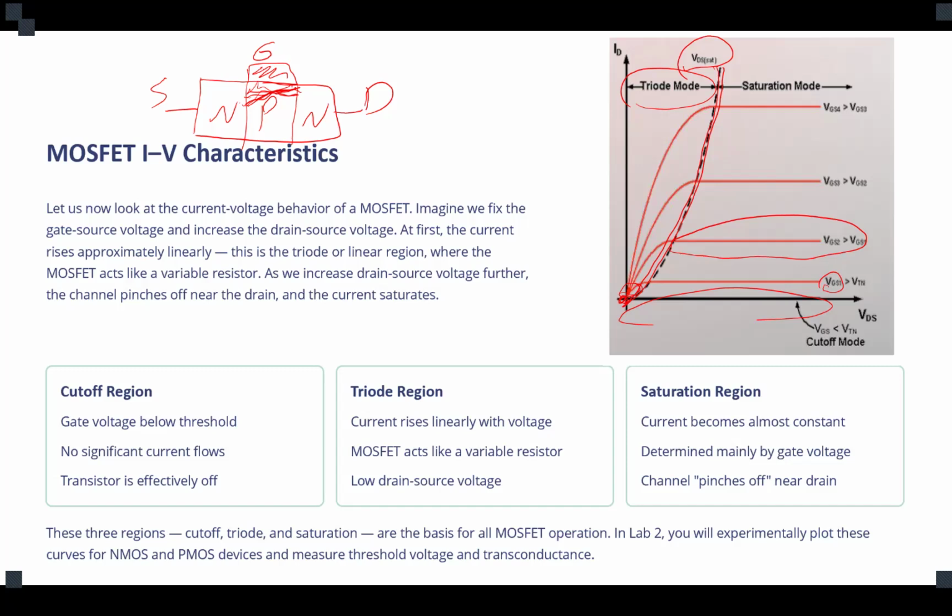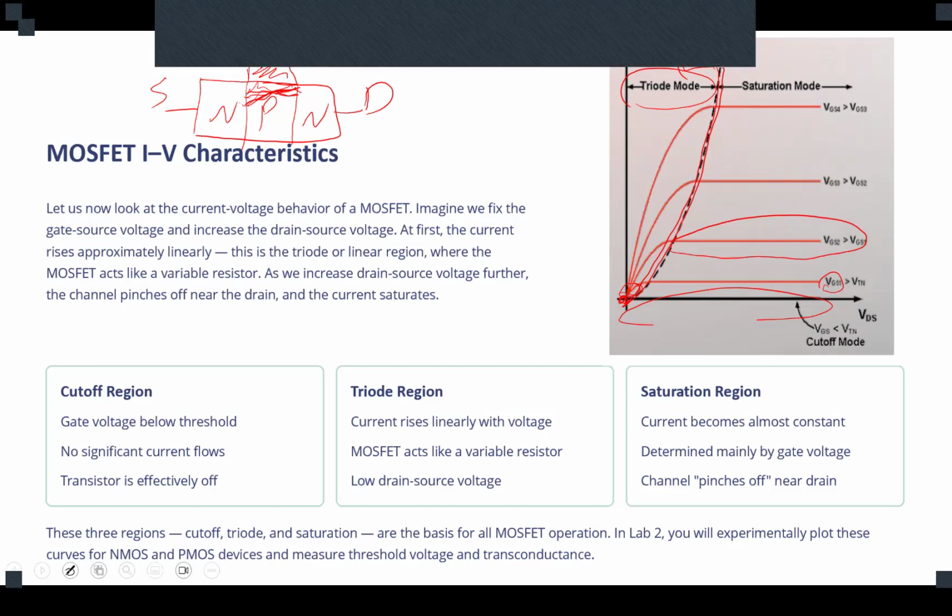So let's say we have the same amount of voltage between drain and source. This is constant, VDS1. Now, if we apply VGS1, we have this amount of current.